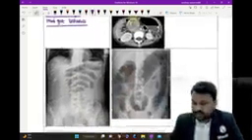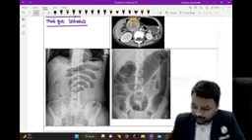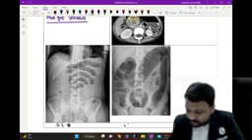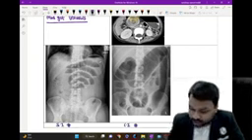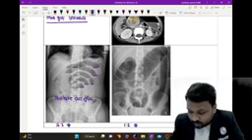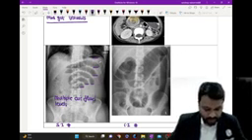Now, the last X-rays that I would like to discuss: how do you differentiate between a small bowel obstruction and a large bowel obstruction? This is your small bowel obstruction. This is your large bowel obstruction. In a small bowel obstruction, you see multiple air fluid levels, more than 3 to 5, which you can see across here.